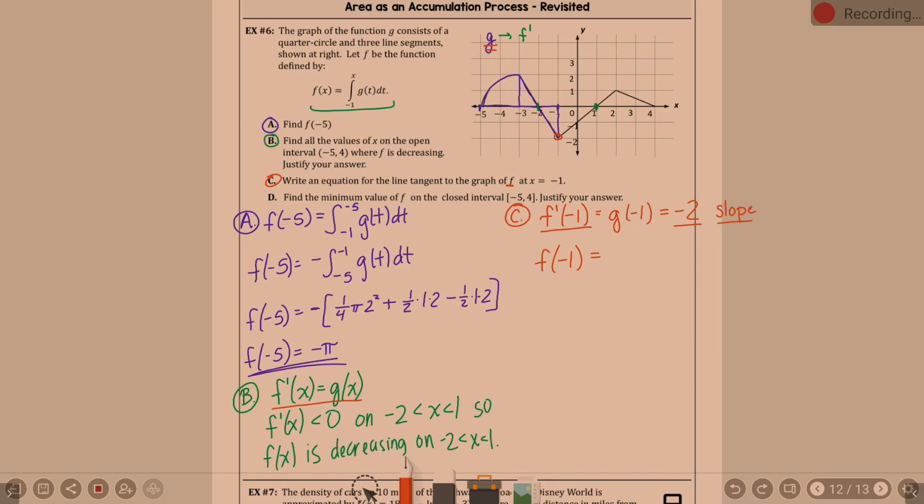Well, do we have a definition for f up above? We had an equation for f, didn't we? So f of -1, according to our definition, is the integral from -1 to -1 of g of t dt. What do we know about an integral from -1 to -1?